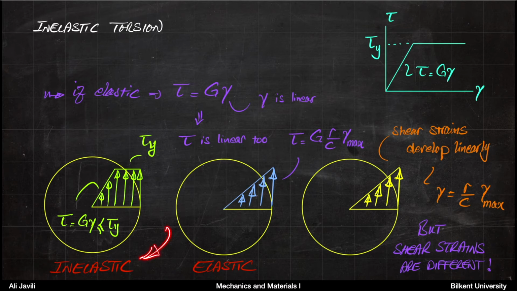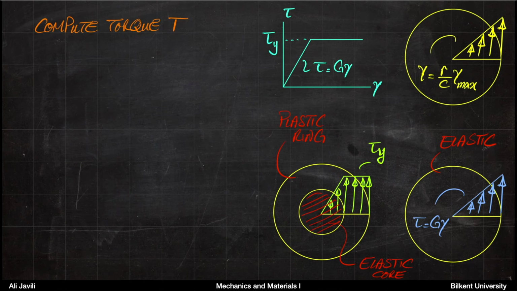We want to analyze this problem now. If I put everything together here again, this is the shear strain distribution, and this is the elastoplastic material behavior. If it was an elastic deformation, the stress distribution is simple: it's just tau equals G gamma. But if you reach plasticity, then you can always talk about a region that is still elastic.